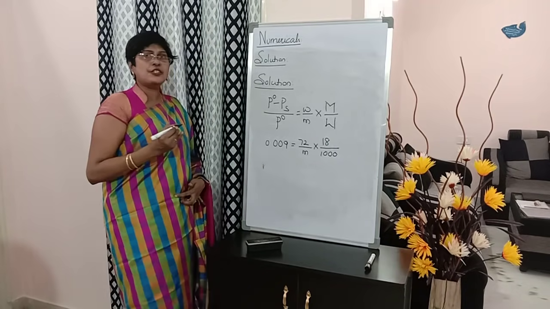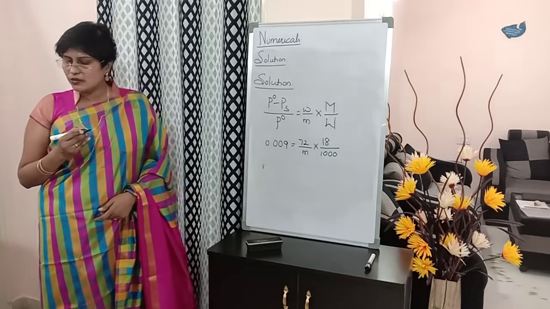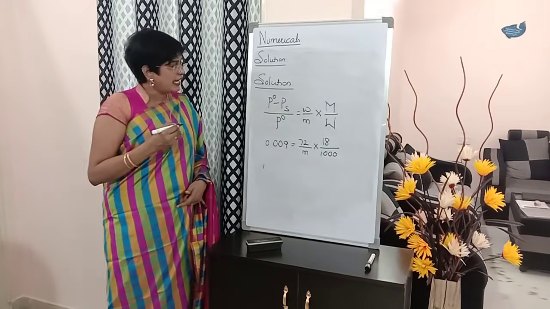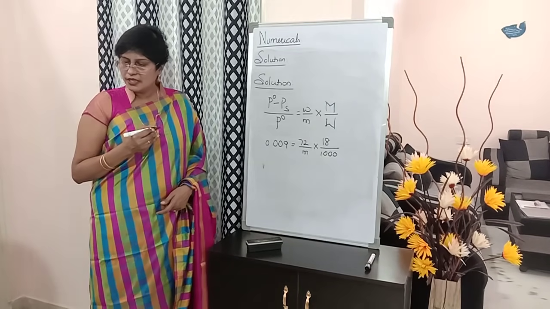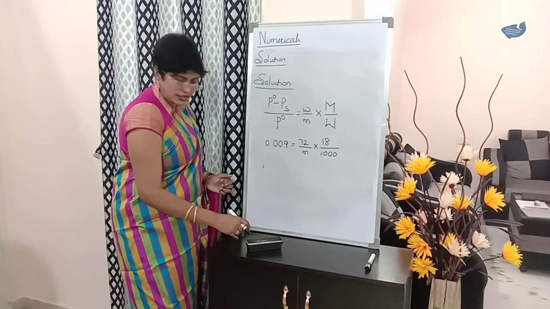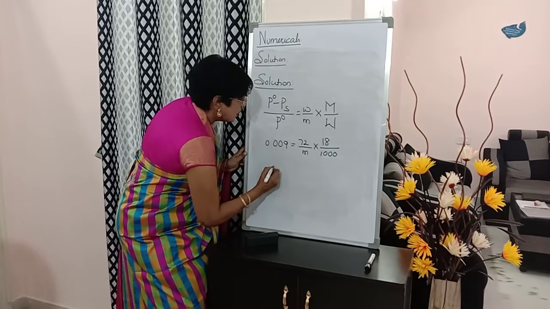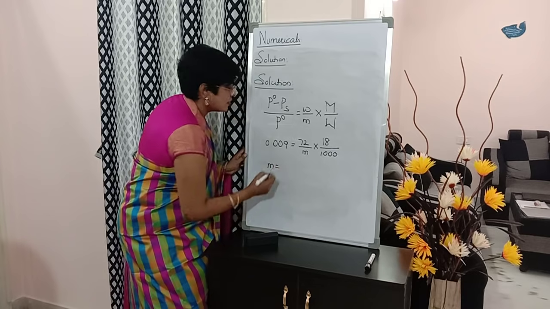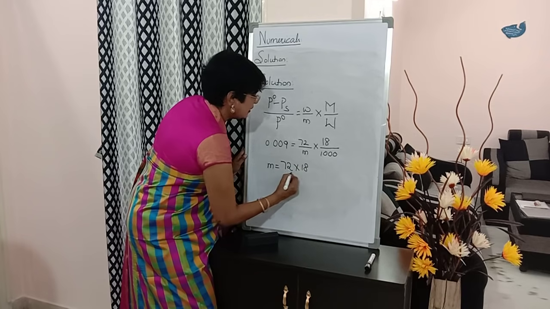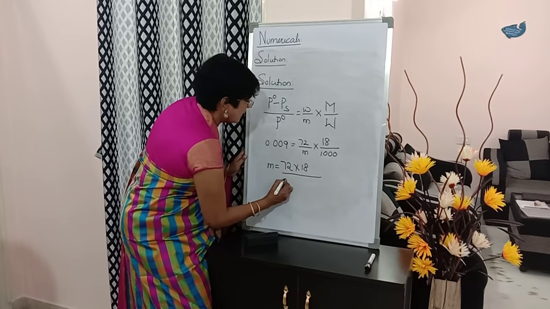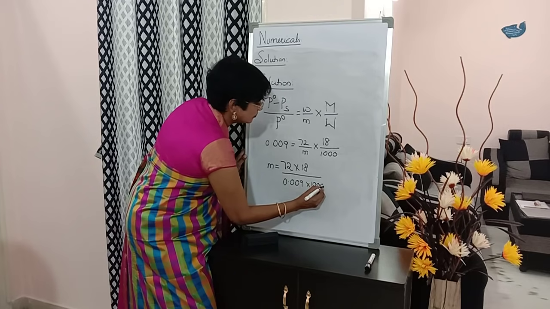So, substitute all the values, students. 0.009 is equal to 72 by m into 18 by 1000. So, m is equal to, directly I am writing, students, 72 into 18 divided by 0.009 into 1000.